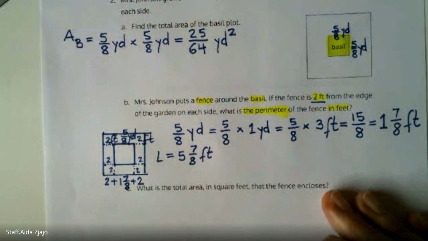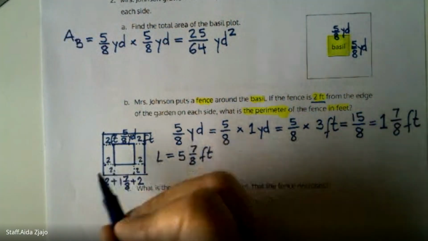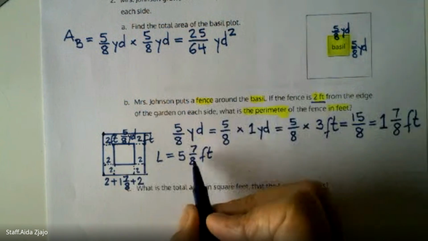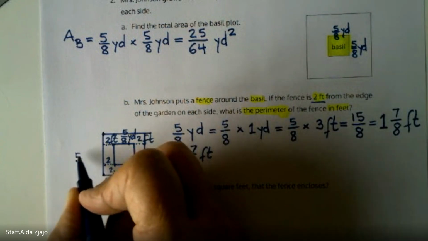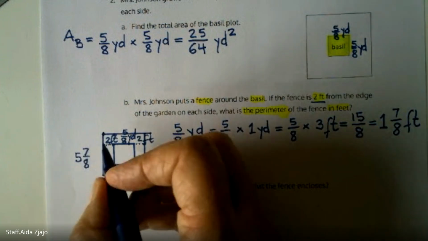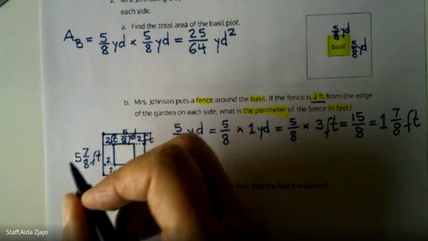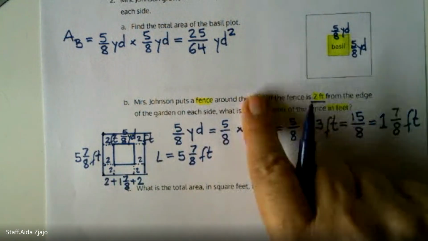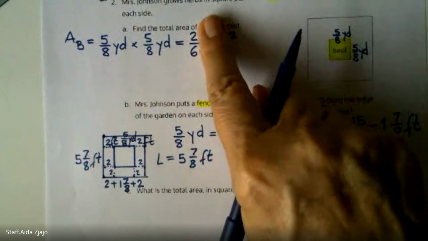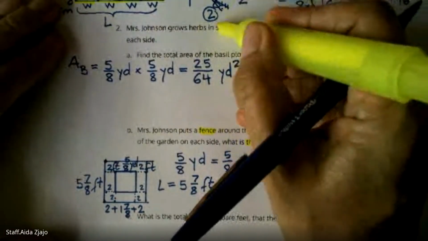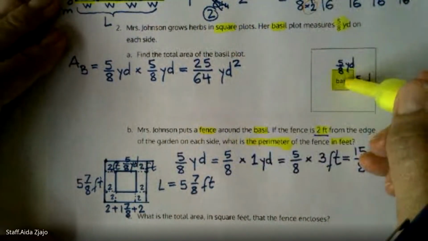Now I know that the fence from this point to this is 5 7/8 feet. Okay, and because the herb garden is a square, the shape is a square.